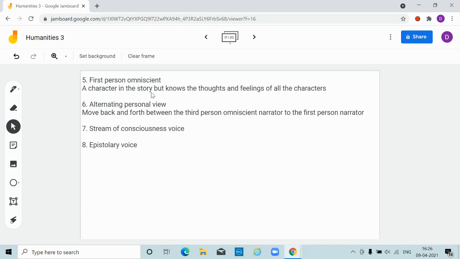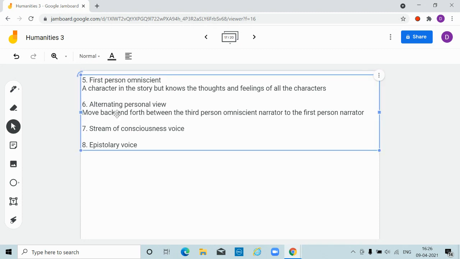Now, alternating personal view. This is another rare form of narration where the narration moves back and forth between the third person omniscient narrator and the first person narrator.